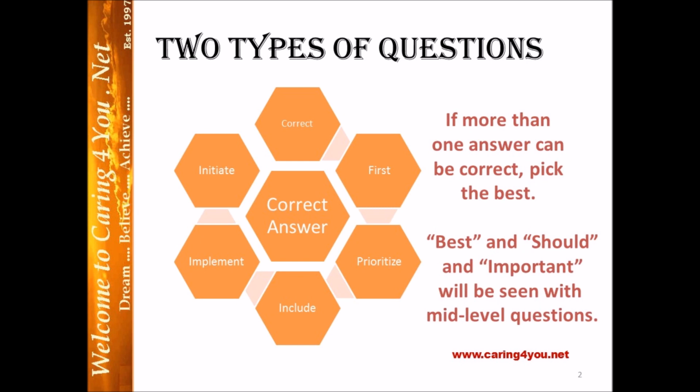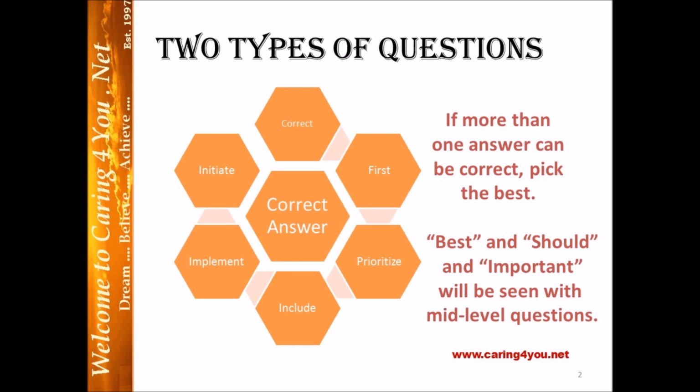The word indicate, the word implement, the word initiate, all of these words will be cues that you should know that you're looking for a correct answer. The words best and should and important will be seen in mid-level questions. These are questions that are asked to you by the NCLEX that you should have learned in school. And that's the word best, the word should, and the word important.